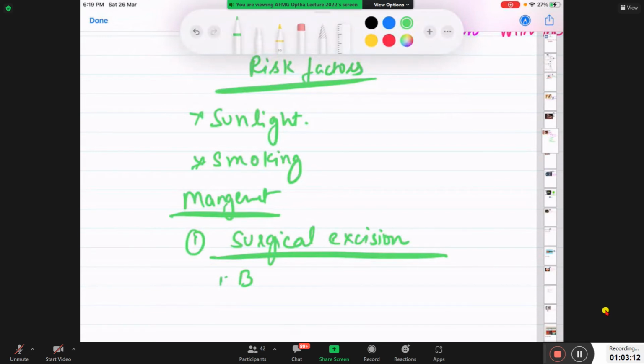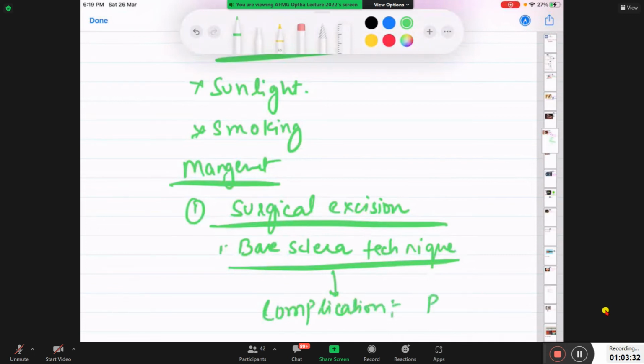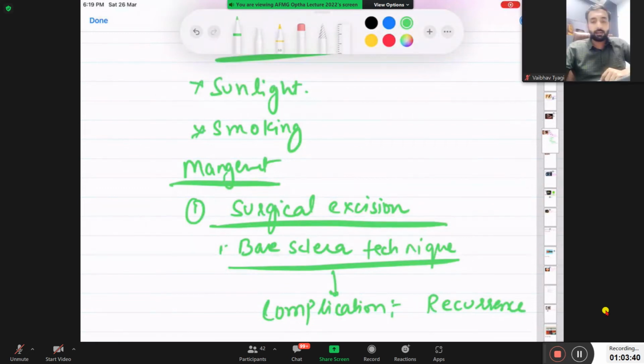Shaving is done, and you can leave the sclera as it is. That is called the bare sclera technique. The complication of bare sclera is that there are high chances of recurrence.